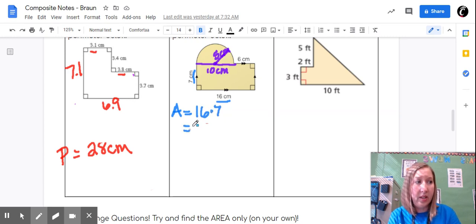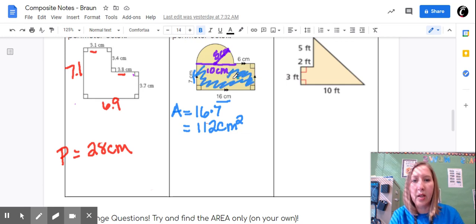When I multiply 16 times 7, I'm going to get 112 centimeters squared. And guys, you're welcome to use your calculators when you're figuring these out. In fact, you're going to need it for the ones that have circles. All right, so the area of my rectangle here, this blue shaded section, is 112 centimeters squared.